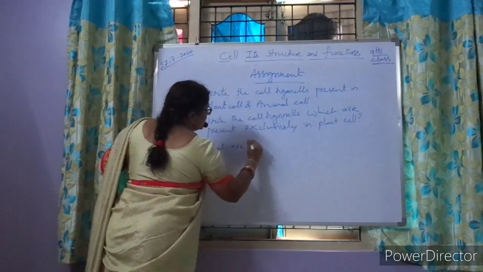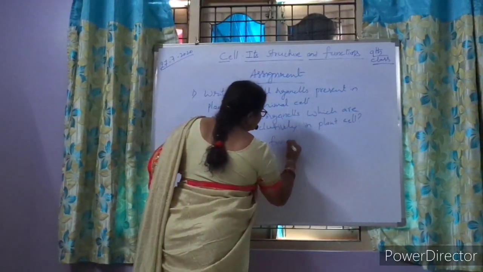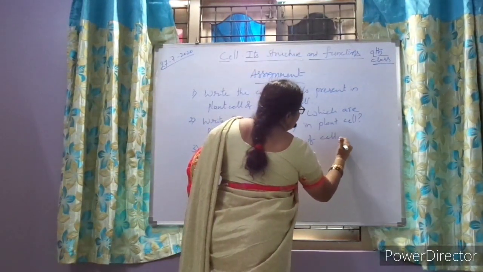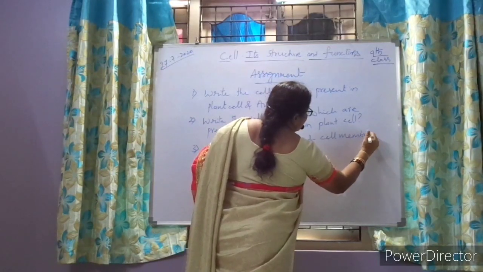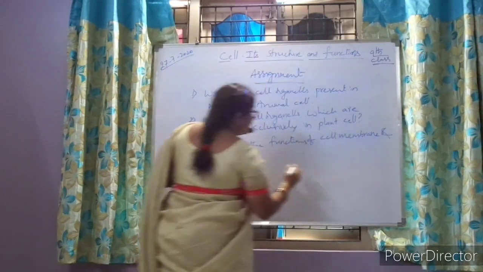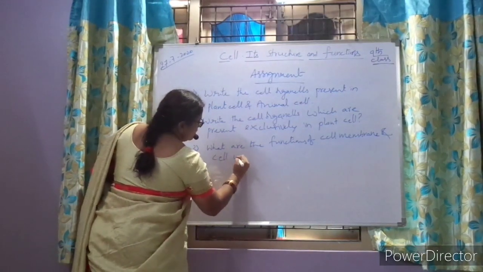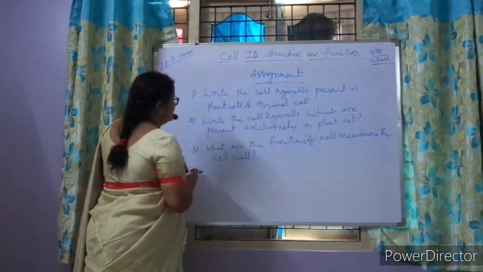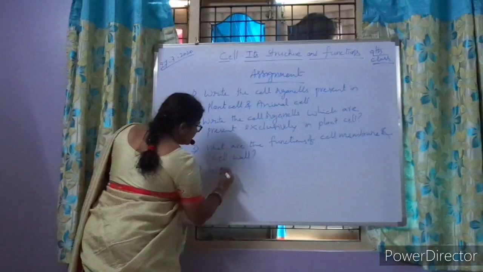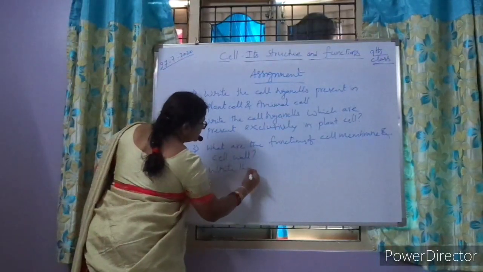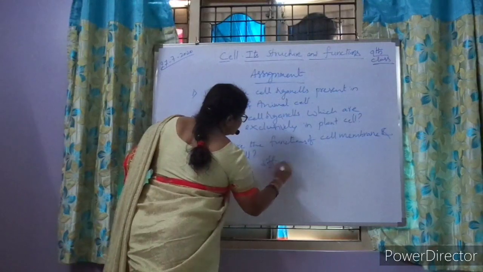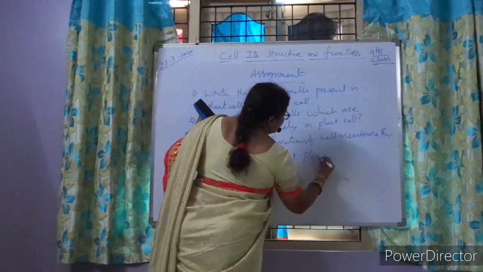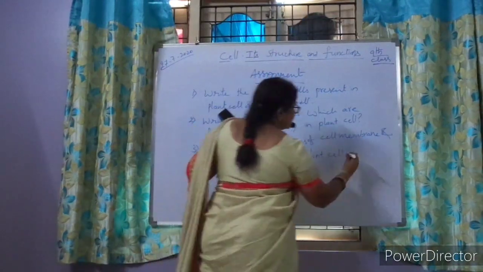Third: what are the functions of the cell membrane and cell wall? Fourth: write the differences between plant cell and animal cell.